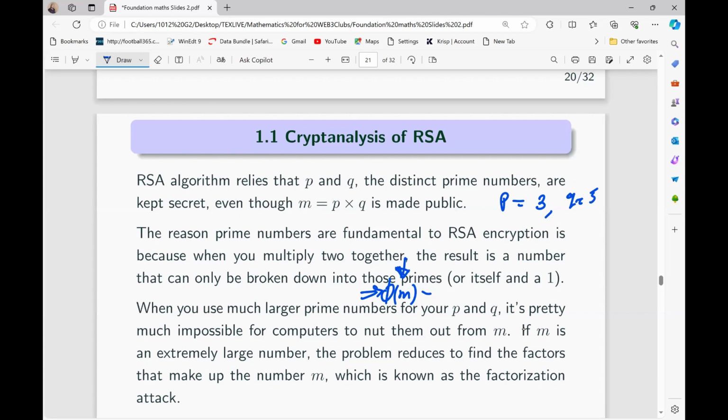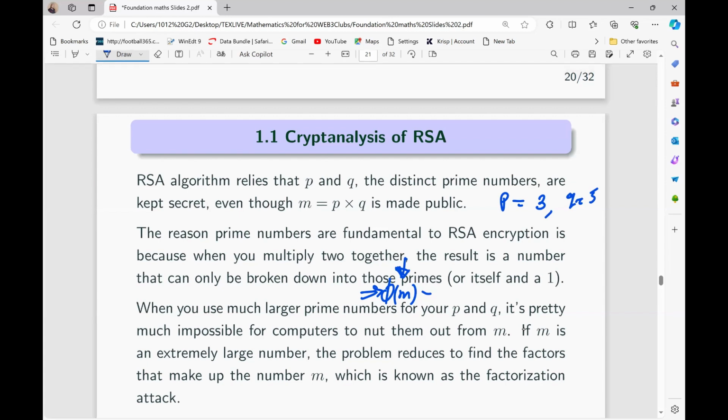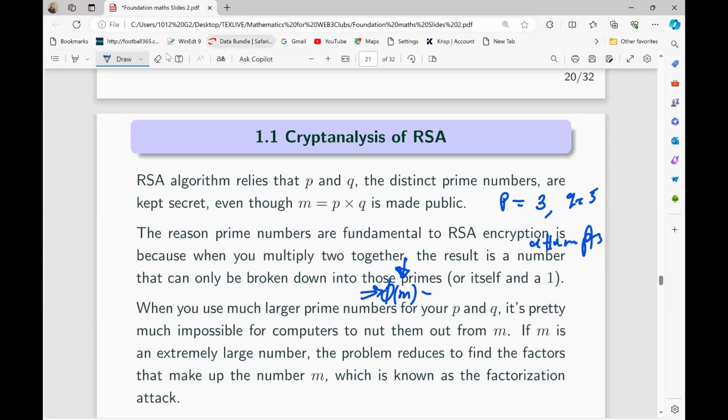You can keep on trying, and that is what we call brute force, where you are trying every option. If they were very small numbers, very few attempts would give this person the P and Q. And once this person has P and Q, then this person can read all your communication.